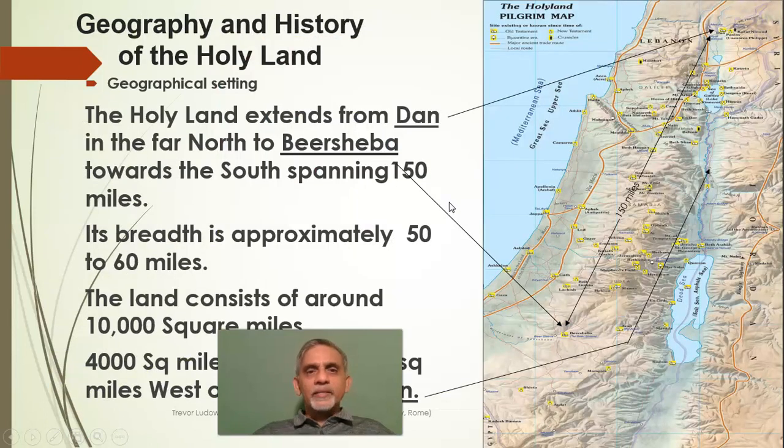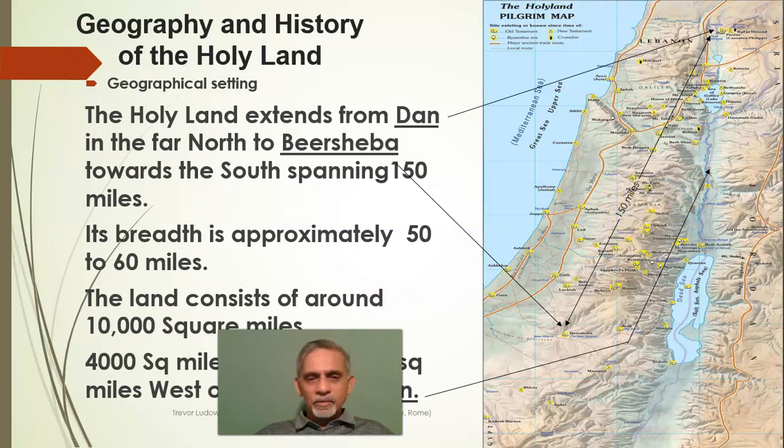Then the Holy Land extends from Dan in the far north to Beersheba towards the south, spanning 150 miles. Remember this. It's 150 miles in length from the north Dan to the south Beersheba. Its breadth is approximately 50 to 60 miles across.